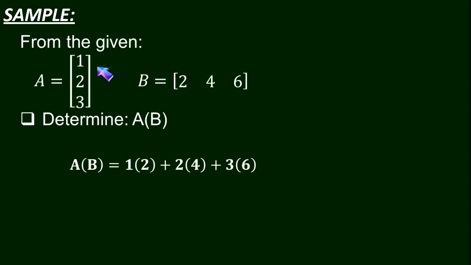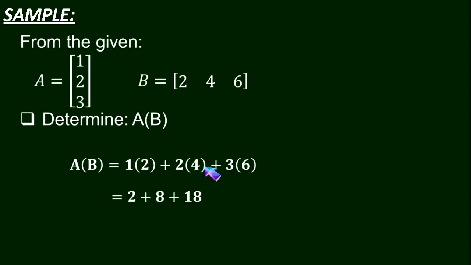So i-multiply natin yung summation ng row times the column of the second matrix. So ito, 1 times 2, 2 times 4, 3 times 6. So ganyan mag-multiply ng multiplication ng matrices. So row times the column. So using your calculator, this is 2, this is 8, this is 18.